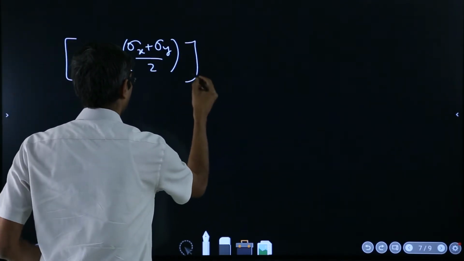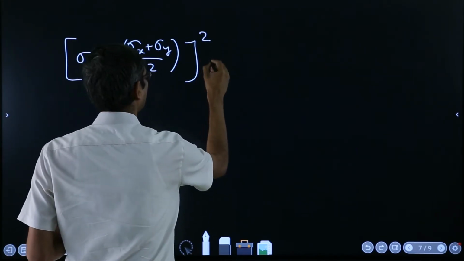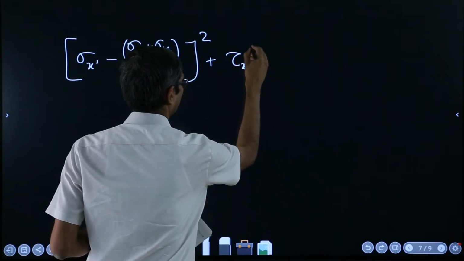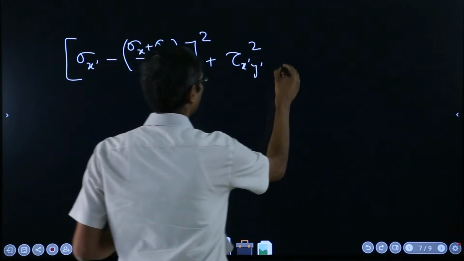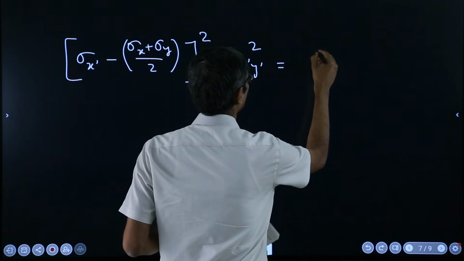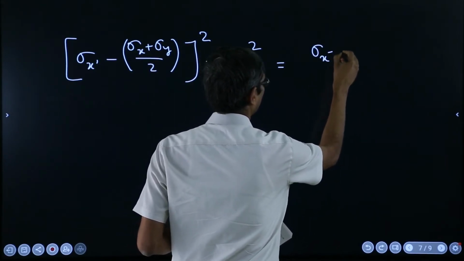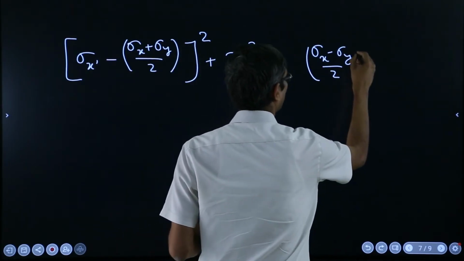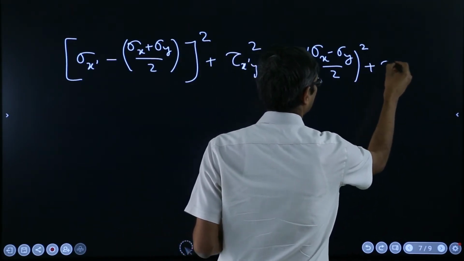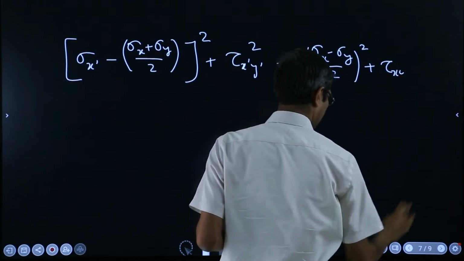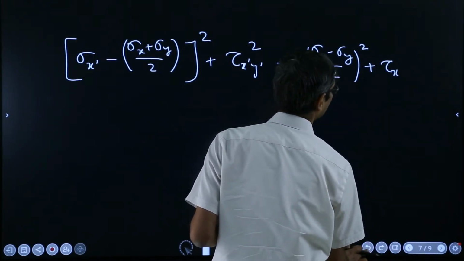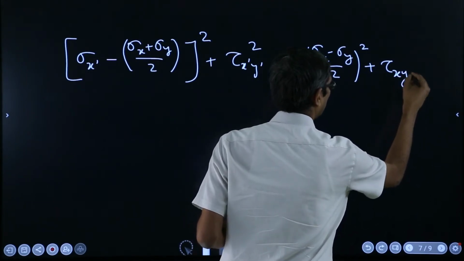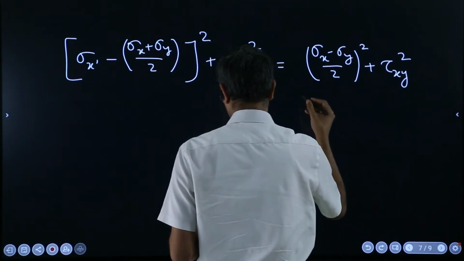This will be equal to sigma x minus sigma y over 2, its square, plus tau xy squared.